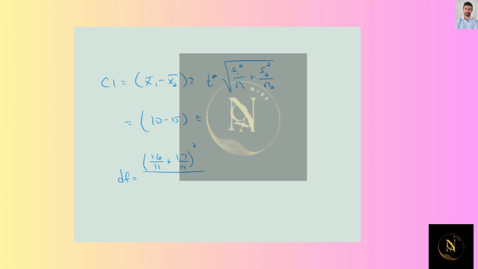And then we square that, divided by the variance from the first sample over its sample size squared over 1 minus the sample size, plus the variance of the second sample over its sample size squared over its sample size minus 1. Let me throw that into the calculator quickly.